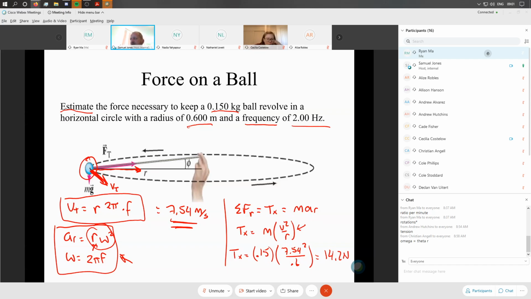Like Christian said, my omega would be equal to 2 pi times frequency, but the idea is, yes, you could do this by solving for omega and then using that for your centripetal acceleration. I chose to solve for V and then use V squared over R. You'll get the same answer both ways. Okay, are there any questions about how I did this problem?